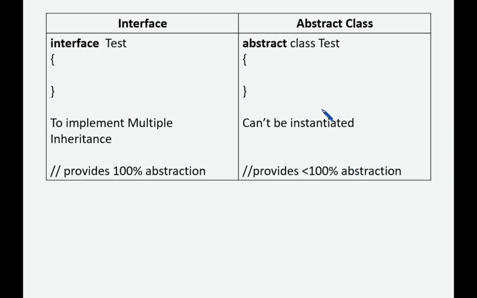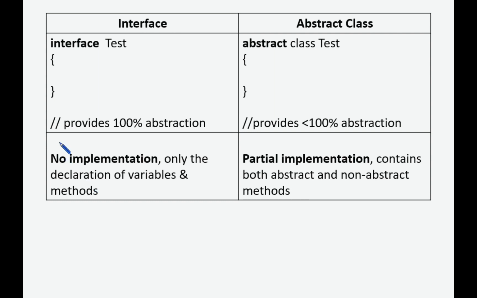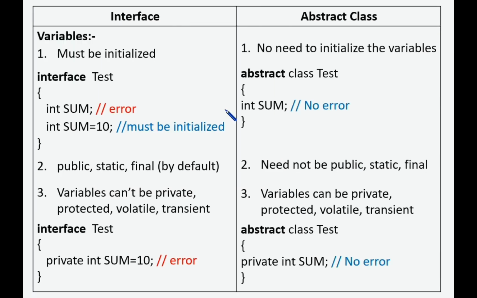The reason is an abstract class can contain both abstract methods and non-abstract methods. In case of interface, no implementation, only the declarations. Whereas in case of abstract class, it is only a partial implementation. That means it can contain both abstract and non-abstract methods.